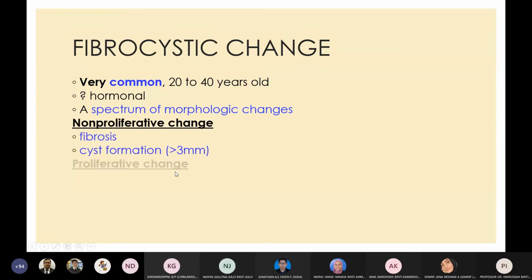So we try to simplify this into 2 types for prognosis purposes. There's one non-proliferative change, in which the stroma has a lot of fibrosis and very little epithelial component. But characteristic of this group is the cyst formation.